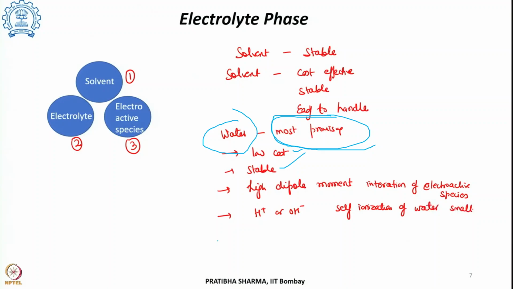That's why H plus and OH minus are attracted to the electrode, and it can break into H plus and OH minus. Self ionization of water is small, but when it comes in contact with the electrode, the splitting will occur.